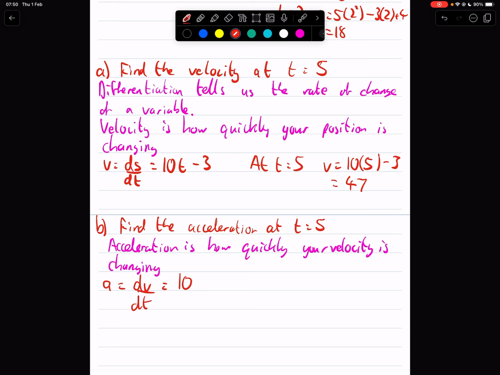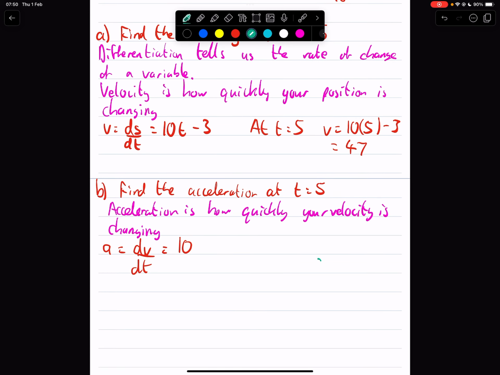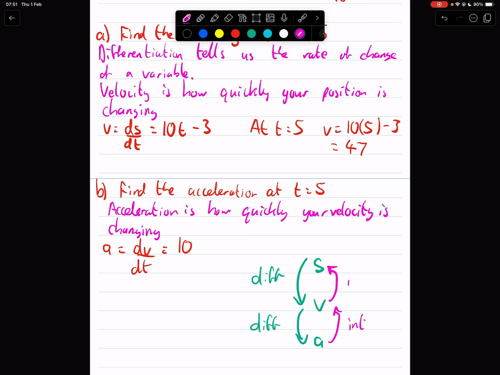So a summary of the idea here is that if you have your S equation and you want to get to your V equation, you differentiate it. If you have a V equation and you want to get to an A equation, you also differentiate it. And even though we haven't covered it today, you'd integrate to go the other way. But I will deal with that in the lesson on Monday.